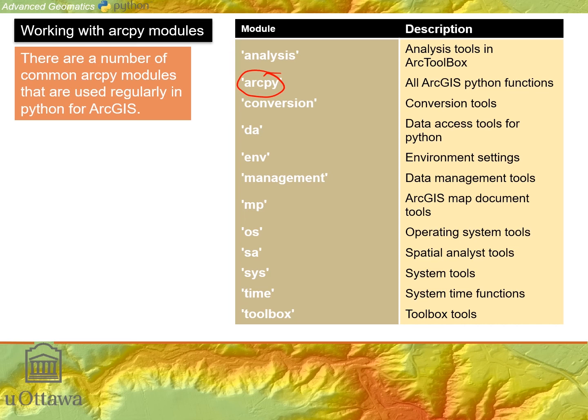Conversion, data access, environment, management toolbox, the mapping toolbox for controlling maps and layers and things like that, moving them around, etc. OS for operating system tools, spatial analyst for SA, SYS for system tools, time, and toolbox tools. So these are some of the modules of ArcPy that are regularly used.